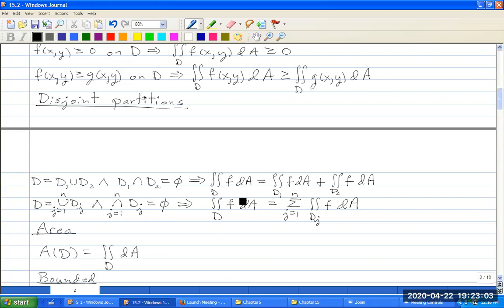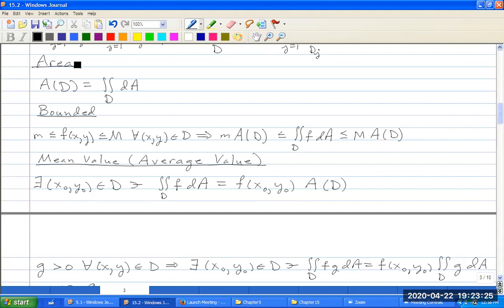Then the double integral of f over D is equal to the sum for j equaling 1 to n of the double integral of f over each of these Dj's, which were disjoint. It's very important they're disjoint. Otherwise, this is not going to be true.